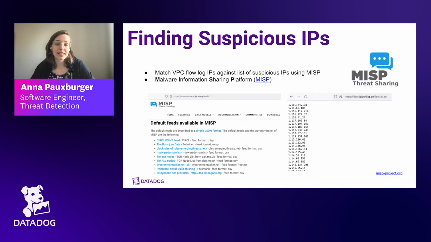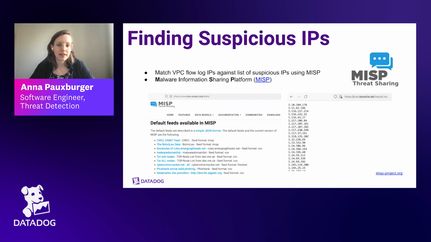On the slide, there's a screenshot of the MISP website and an example list of publicly shared suspicious IPs. Now, usually you don't go onto the website and copy paste the list. For example, we run an internal instance of MISP where we store the publicly and privately sourced indicators of compromise more generally, which include the suspicious IPs that we're using for this detection.